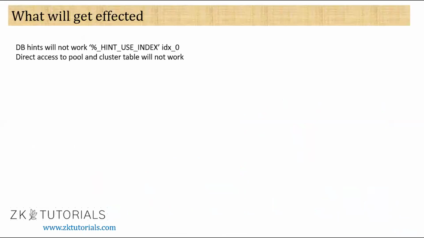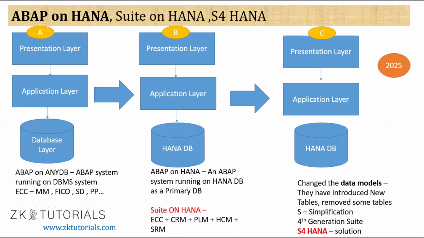In the last session, we saw which tools are useful for fixing the issues in the system whenever we move to Suite on HANA. For A, we have this database layer architecture. Leave B aside, just for our learning purpose. The second procedure, Suite on HANA, is where only the database was changed.